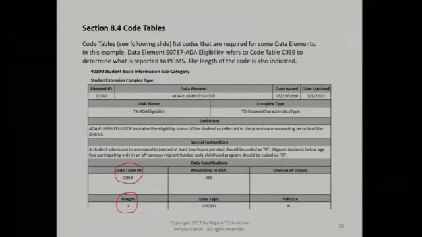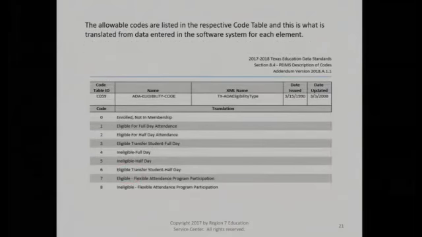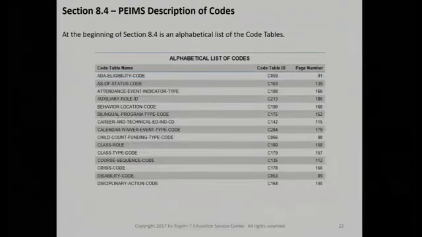These element tables have codes built in if they use a code table. And this also will give you the date issued and date updated on the right-hand side if they made any changes to it.